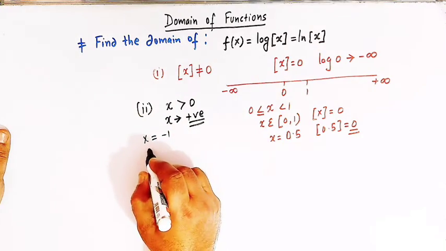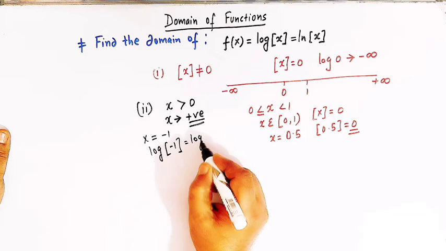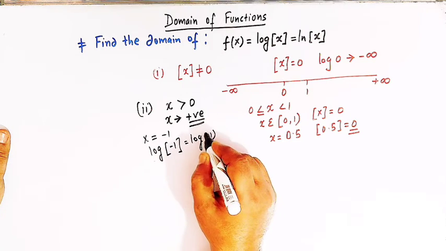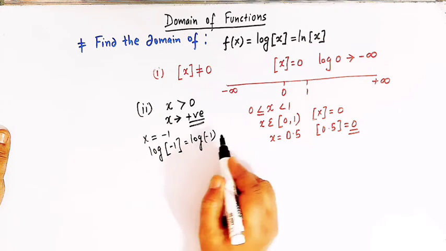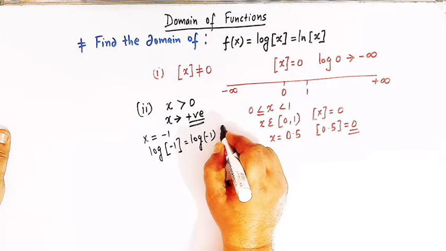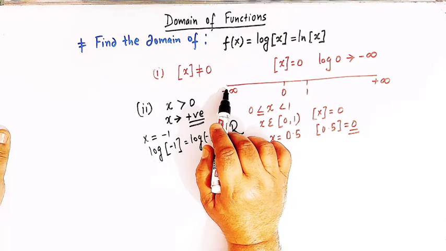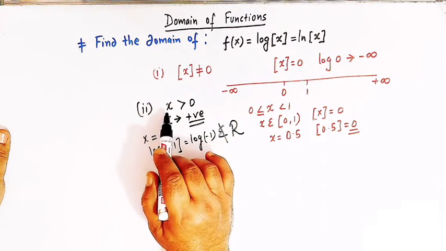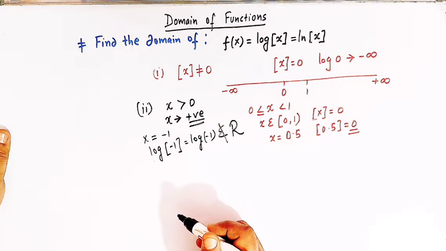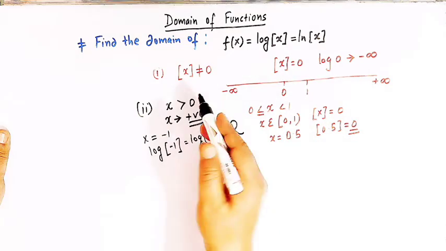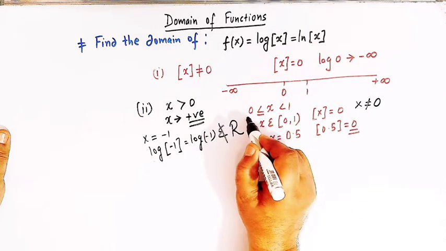Then we have log of greatest integer of minus 1, and the greatest integer of minus 1 is minus 1, and here we have the logarithm of a negative number which does not belong to the set of real numbers, right? So we have to avoid all the negative values of x, so it implies that x should be greater than 0, right? And we have already said that x should not be equal to 0.